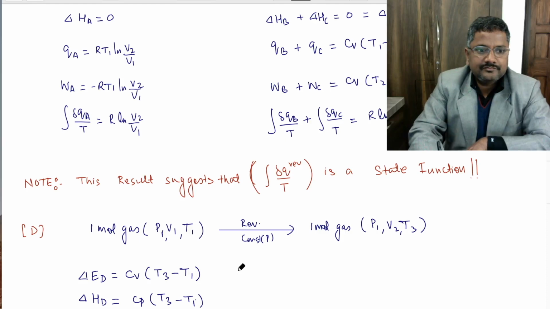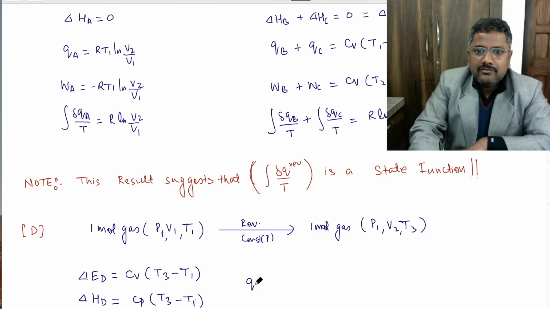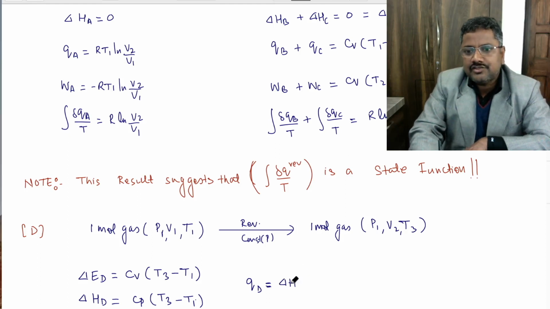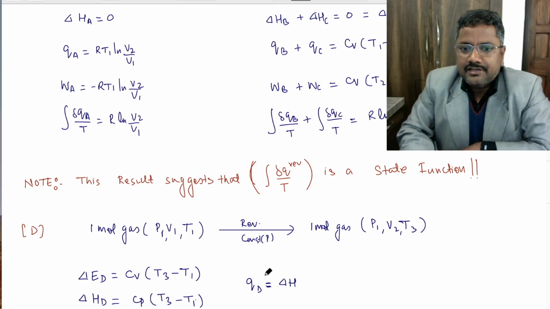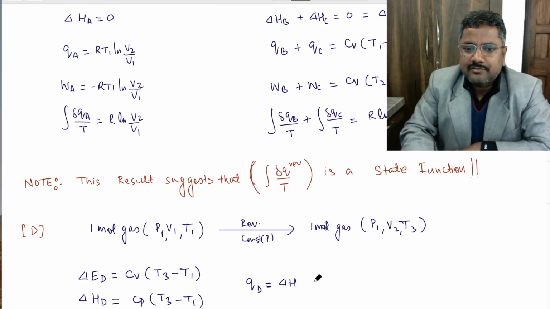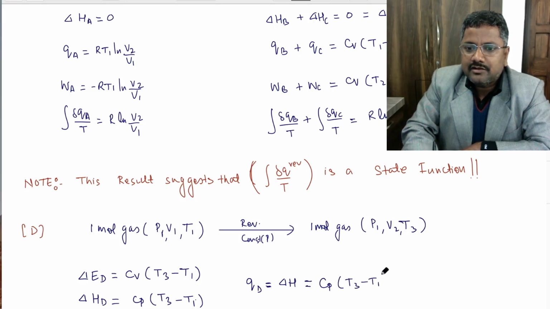And QD is equal to delta H basically, because you know delta H is the net heat change at constant pressure. So here pressure is constant, so this is equal to CP (T3 minus T1), right?